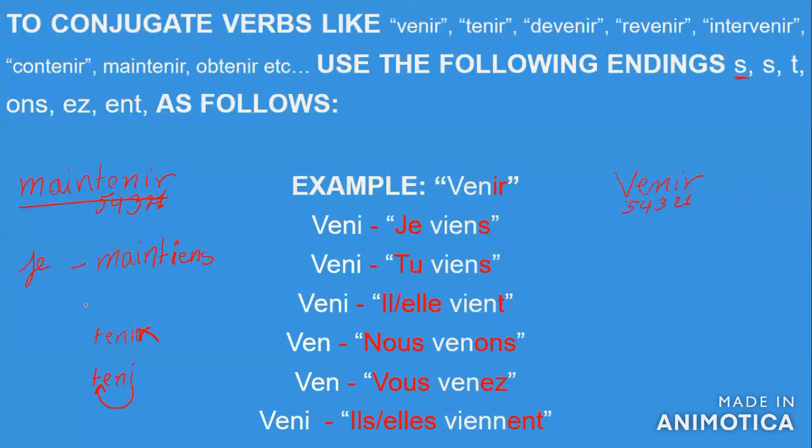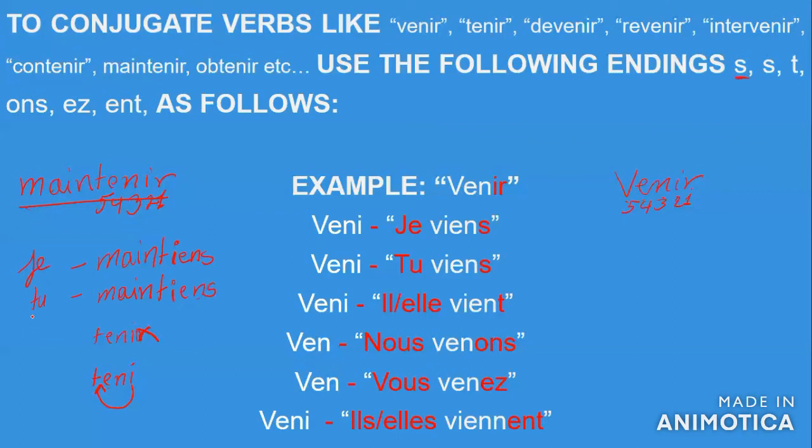Good. Then the same exact thing for tu. Okay? Mais, we keep mais as it is, and we count. We deleted that or, then we count 1, 2, and our I is coming right here. And what else we have there? We have S, right?